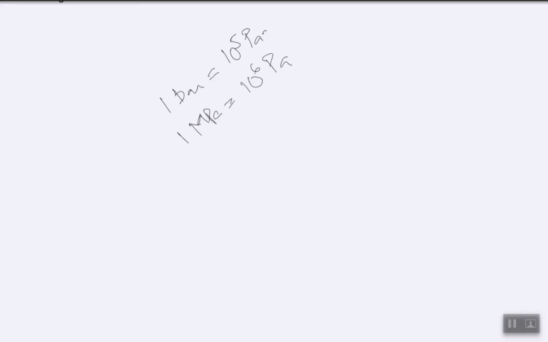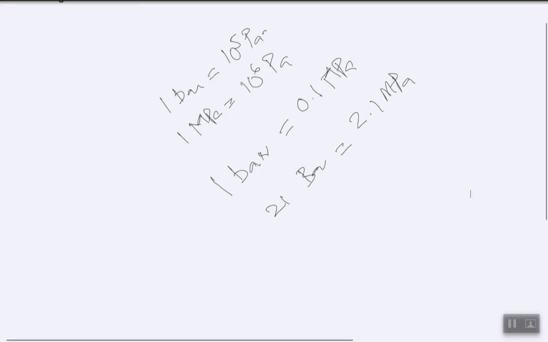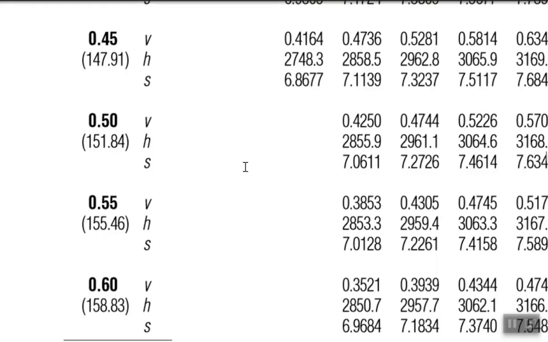If you divide, 1 bar comes up as 0.1 megapascal. So 21 bar would be equal to 2.1 megapascal. Make sure you convert it to megapascal because your steam table is in megapascal.